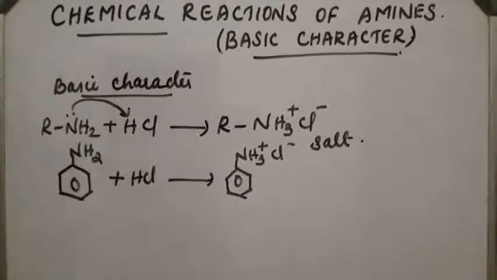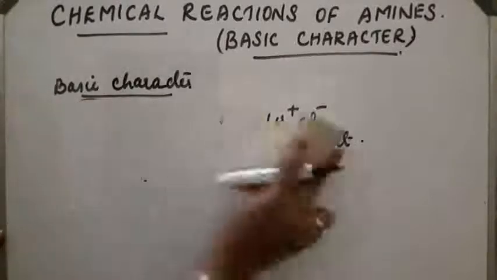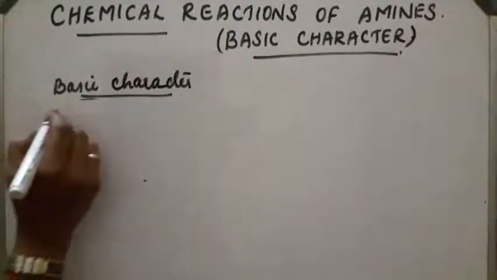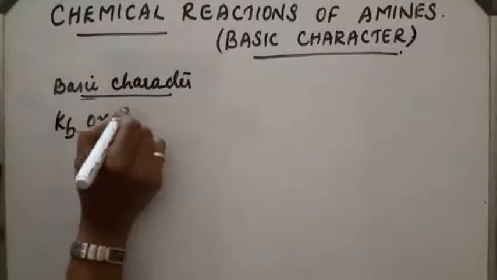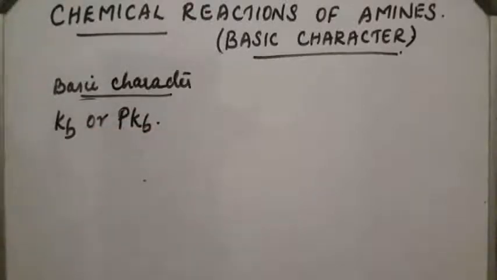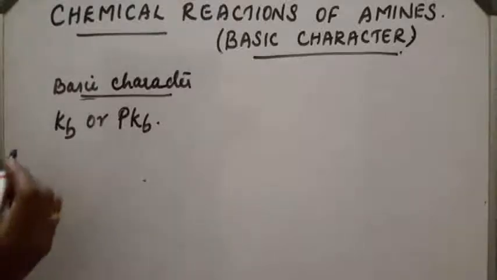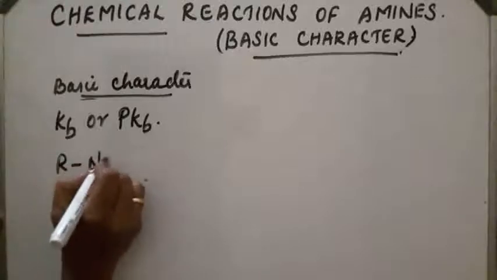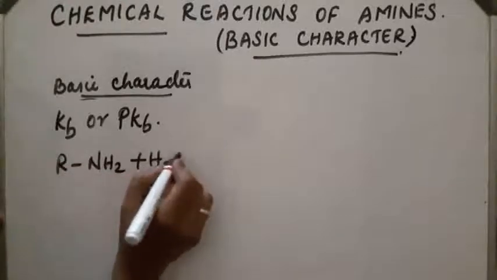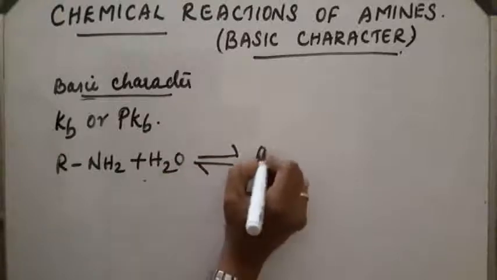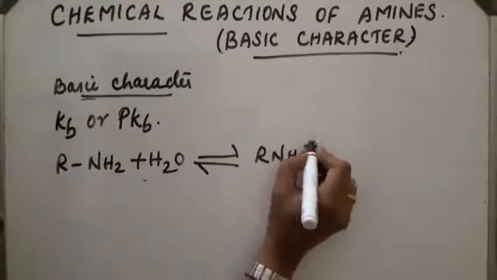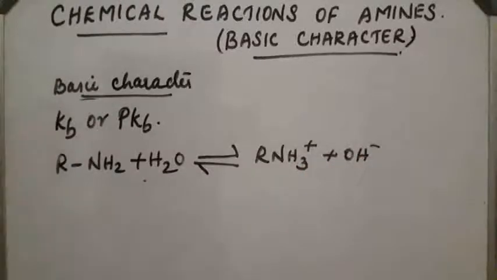Now, the basic character of amines can be easily explained by the dissociation constant Kb or pKb. When amines combine with water in aqueous solution, the alkyl ammonium hydroxide is first obtained, which gets ionized. The reaction will be RNH2 plus H2O, a reversible reaction, forming RNH3+ and OH- ions.